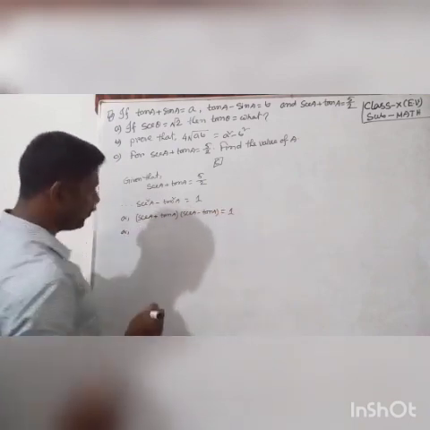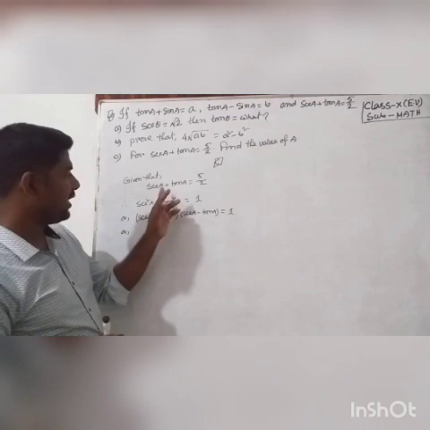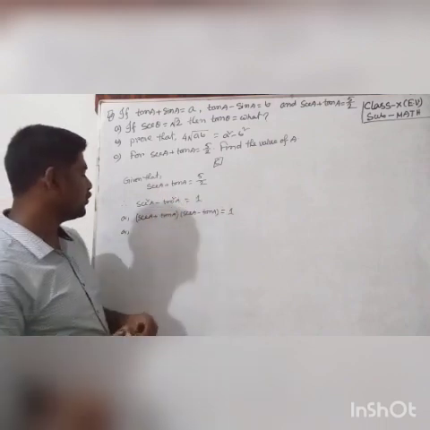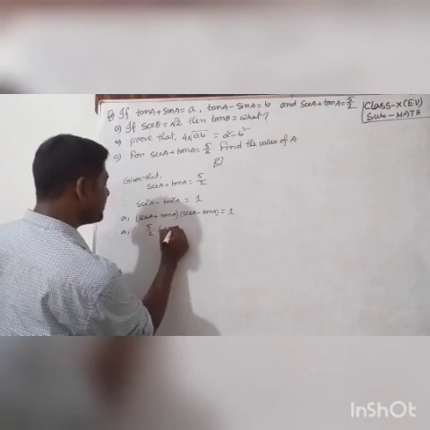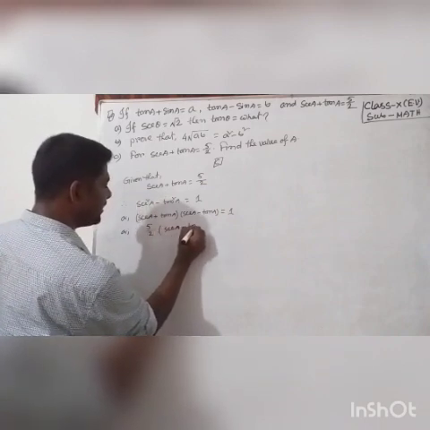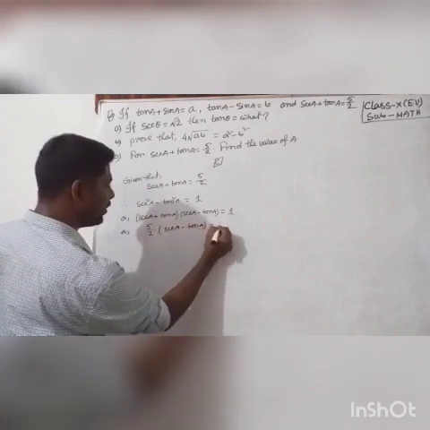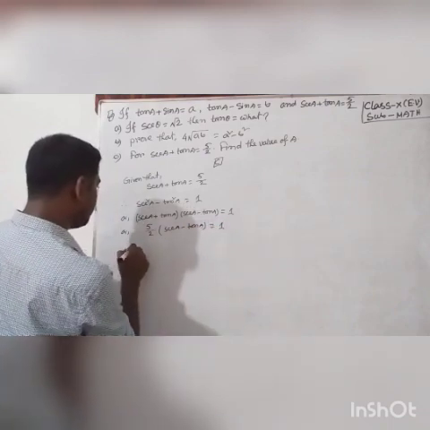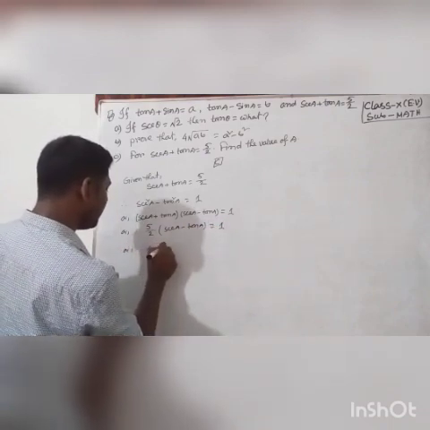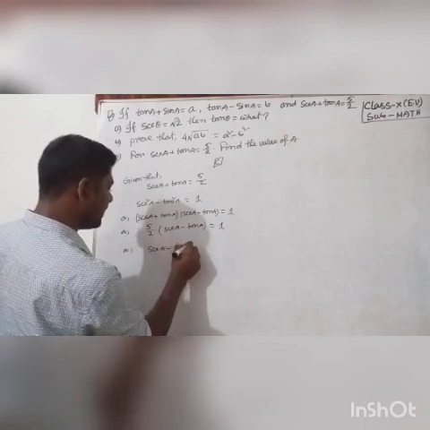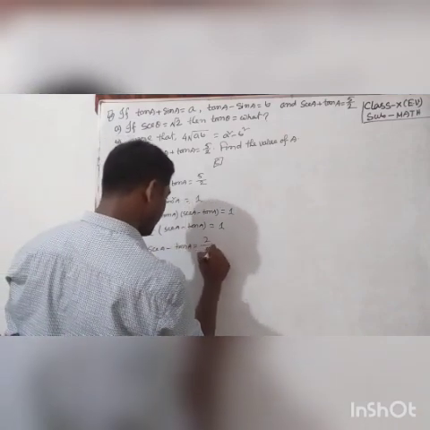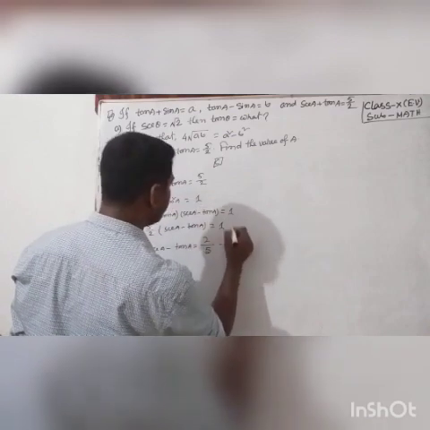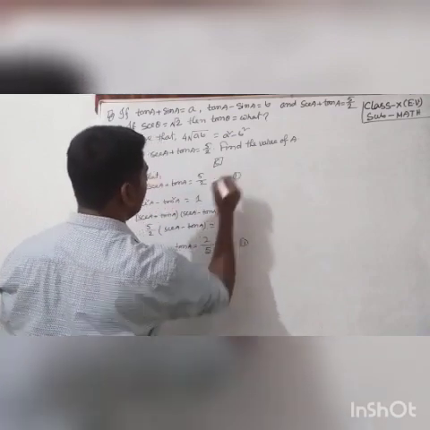Now putting the value, sec a plus tan a equals 5 by 2, so 5 by 2 into sec a minus tan a equals 1, or sec a minus tan a will be 2 by 5. This is equation number 2, and that is equation number 1.